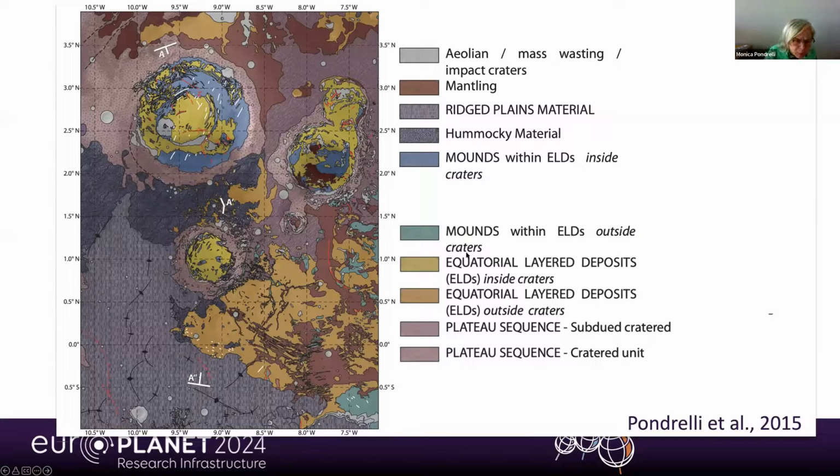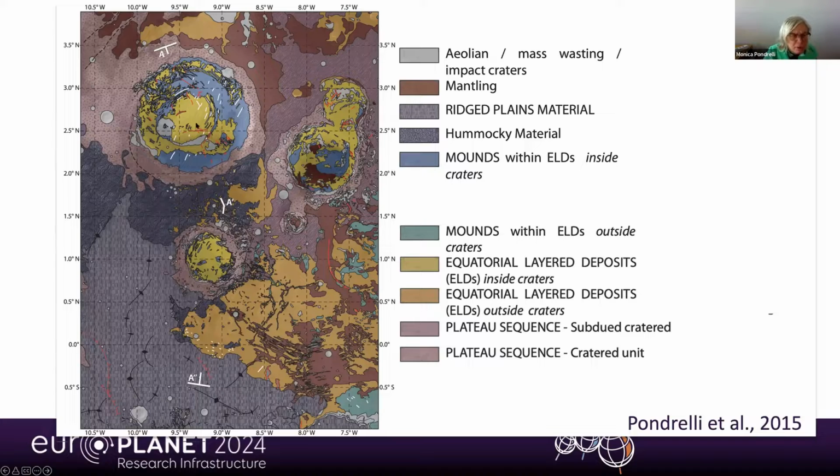These are sulfate-bearing deposits. I don't know if you remember, yesterday I was super quickly mentioning the presence of the sulfate-bearing deposit, which can also be inside craters. They are actually also inside the chaotic terrains we saw earlier, but they are very different, except for the fact of being rich in sulfate.